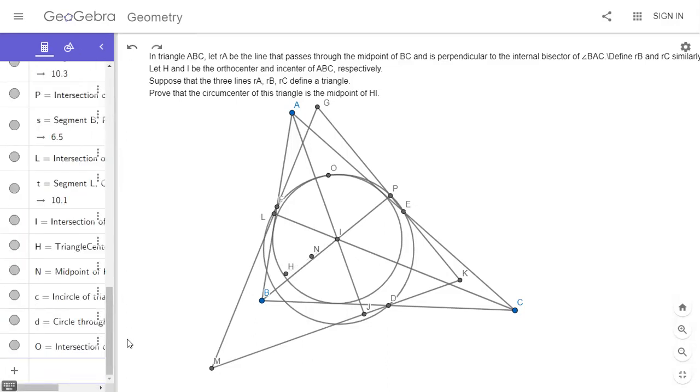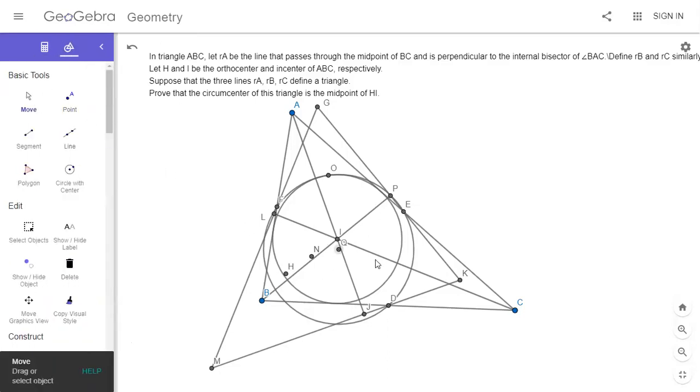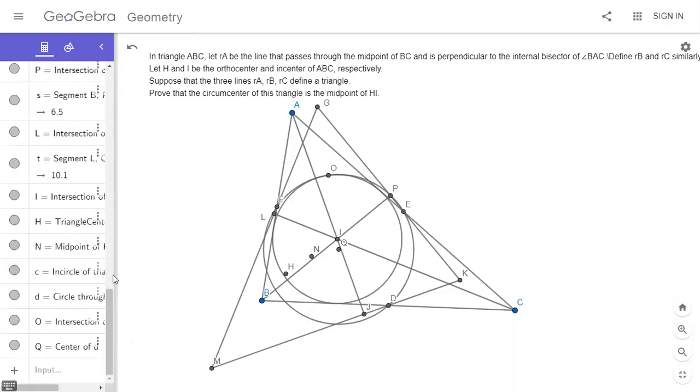So that's the 9-point center. The 9-point center is the midpoint between H and the circumcenter. Yeah, let's do this too.